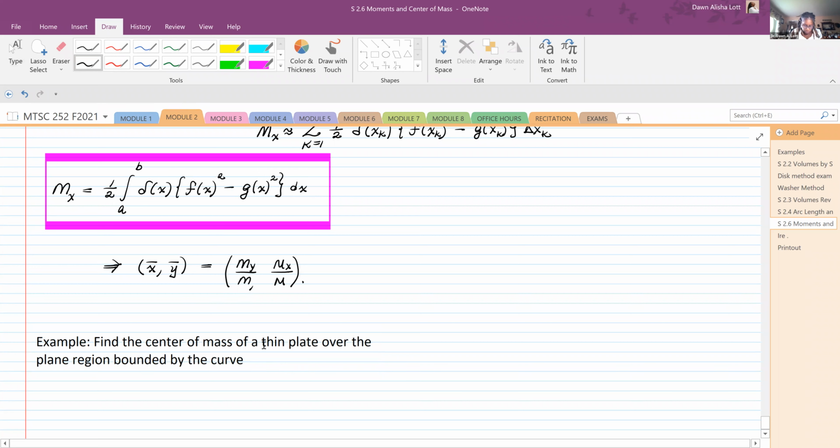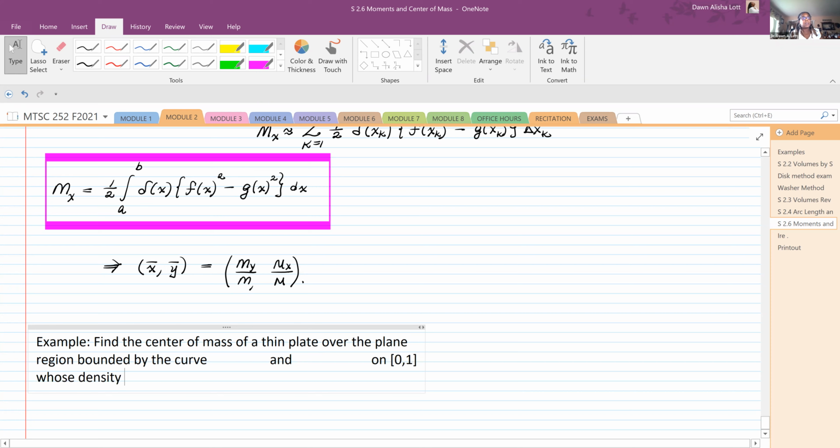G of x, I apologize, is equal to x over 2, and f of x is equal to the square root of x on the interval 0, 1, whose density is x squared.